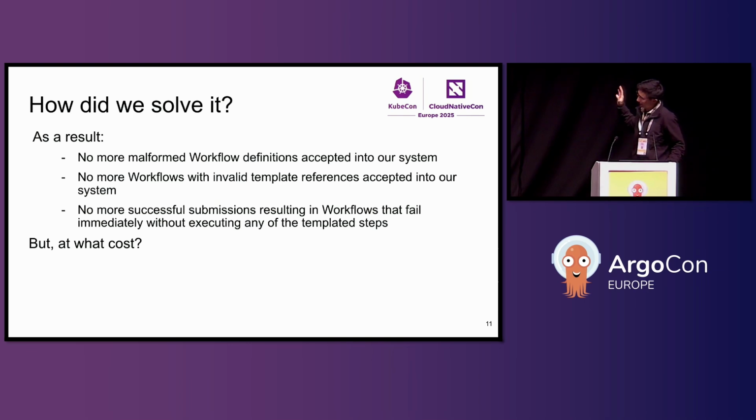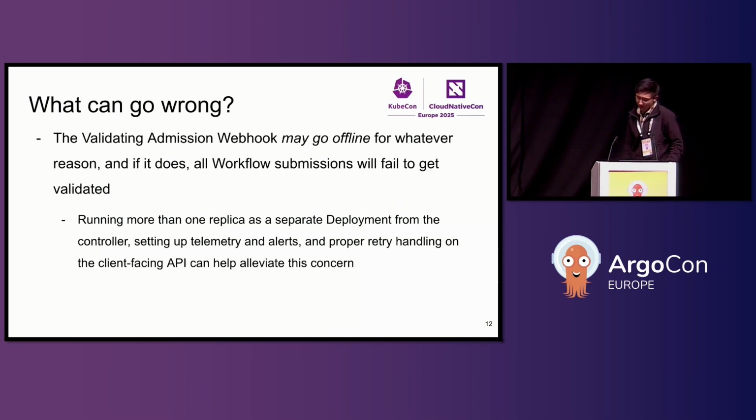But obviously, there are some costs or caveats. Because the validating webhook is a very critical step in the API server admission control, and it's a deployment, it may go offline for whatever reason. And if it does, it could either take your workflow submission offline, for example, it couldn't validate any workflow submissions, or depending on how you configure your validating webhook configuration, it could potentially take your whole cluster offline.